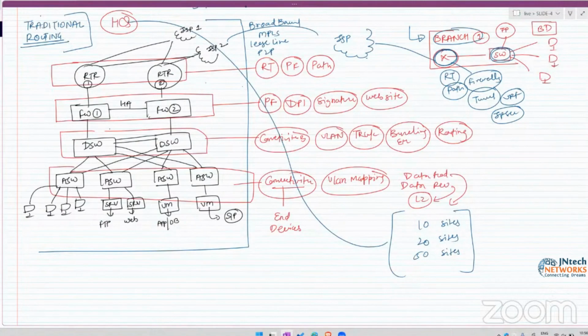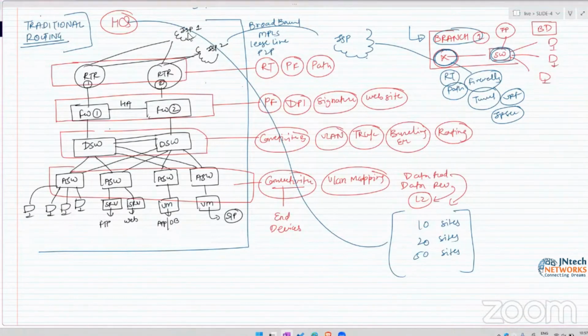So in traditional routing we are getting lots of issues, but a common issue is manual configuration, and each device separately processes each and every instance for routing, for switching, for security, for data forwarding, for packet filtering, for deep packet inspection.